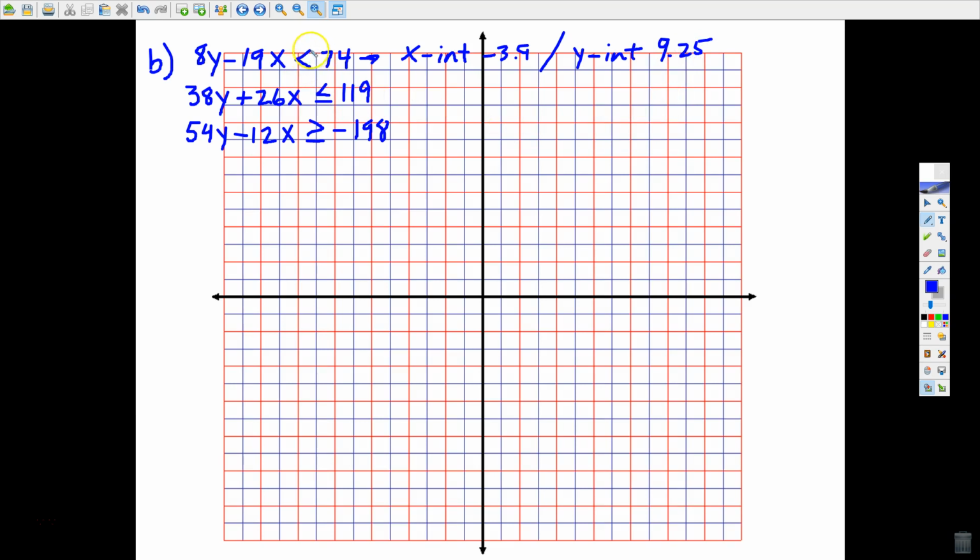Okay, and this is going to be a dashed boundary line that should cross these two points, real close to negative 4. Just about negative 4 on the x, and then 9 1/4 on the y. 2, 4, 6, 8, 9, and we'll call that a fourth. Because we're making estimates, I'm going to allow a little bit of leeway, and you'll see in just a minute.